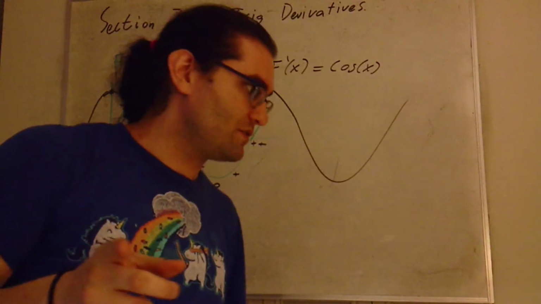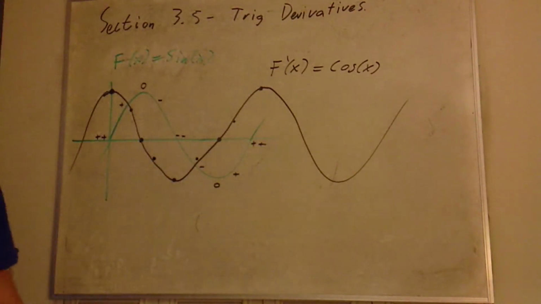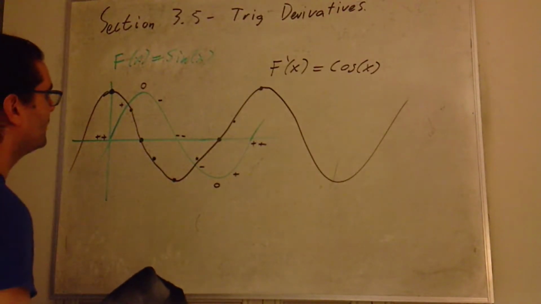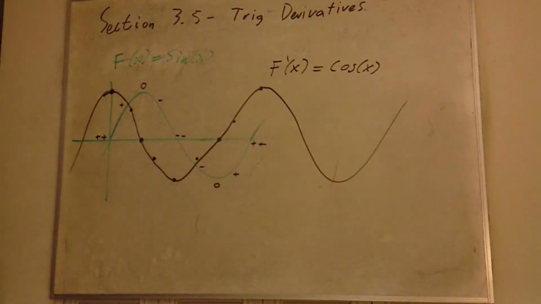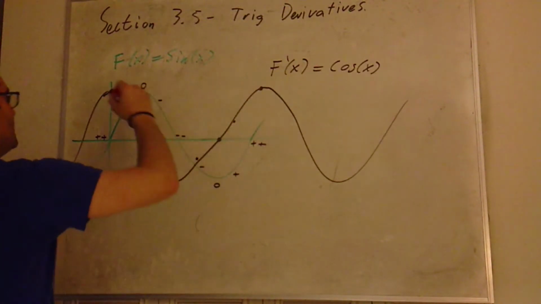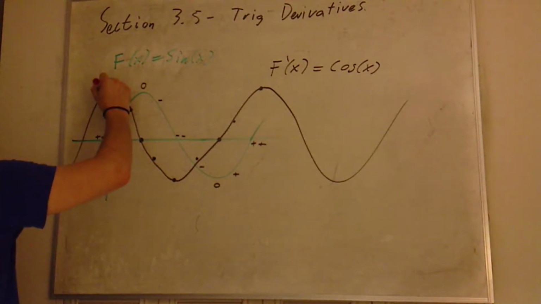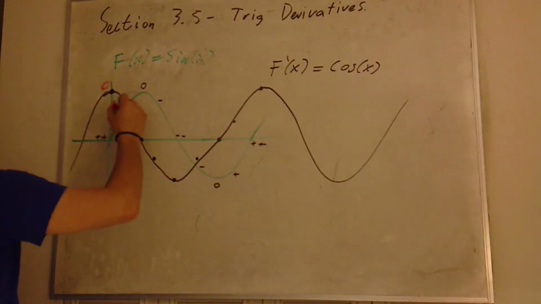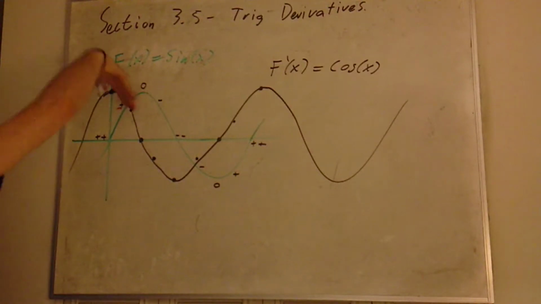Let's talk about the derivative of cosine. I can probably squeeze it down to the same thing. I'll just use a different color. The derivative of cosine needs to start at 0, and it's immediately going to go negative. The slopes here are pointing down.